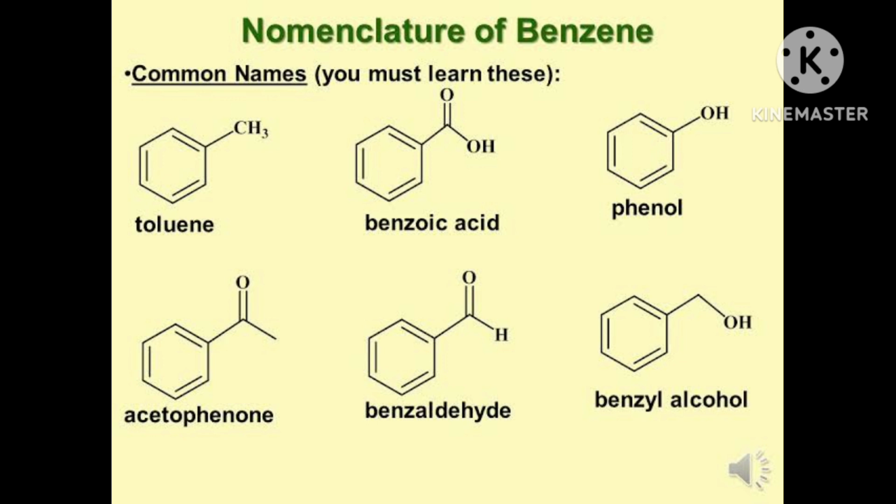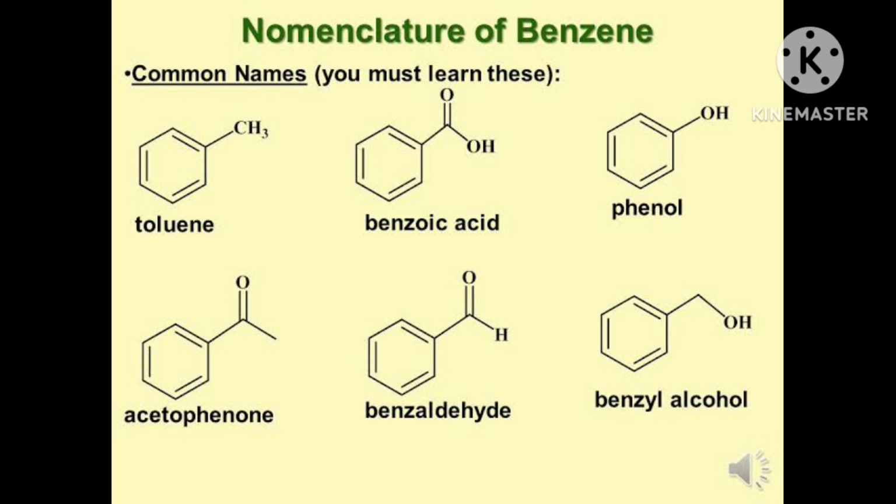Then first you should do the numbering. You start with the chloro group, that is 1, and on the second carbon is the nitro group. Third is nothing, and the fifth position is again an NO2 group.